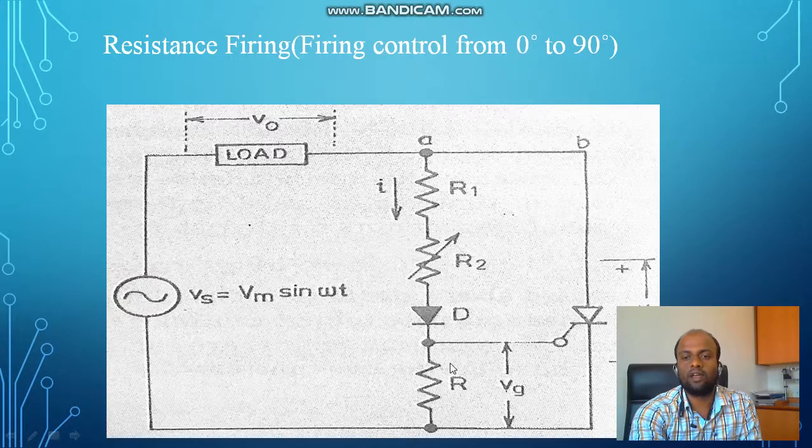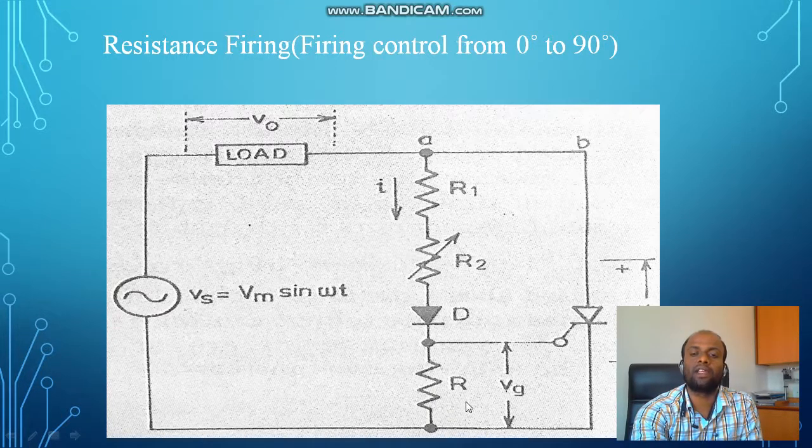If this happens, again the device may get damaged. How do we finalize this maximum gate voltage? You can find it by the voltage dividing rule. Main voltage Vm multiplied by R divided by R1 plus R should be the maximum drop across it.